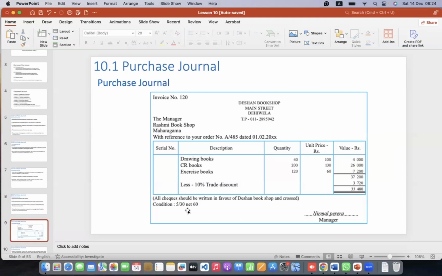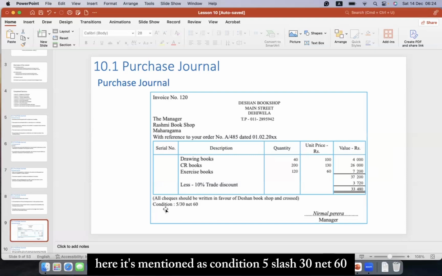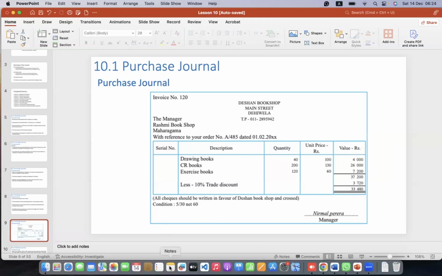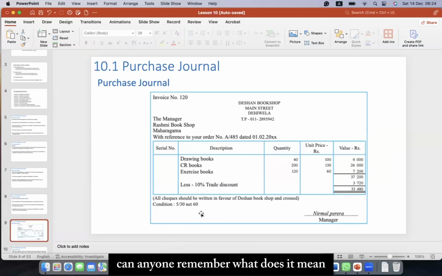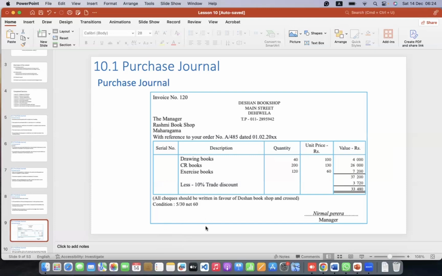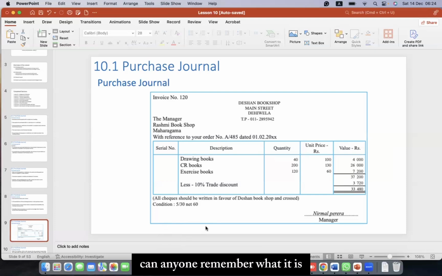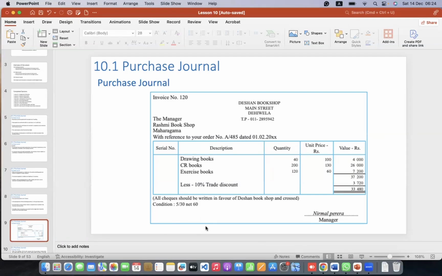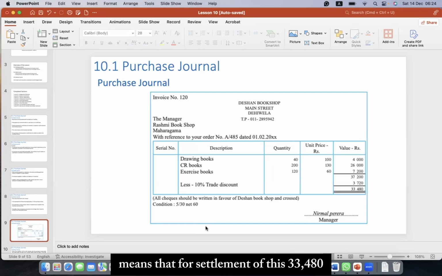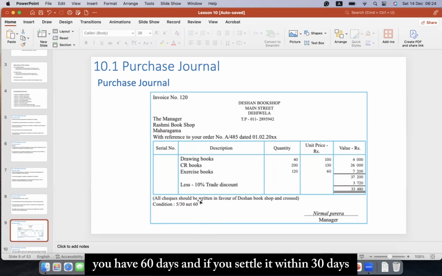Here it's mentioned as condition 5/30 net 60. Can anyone remember what it means? 5/30 net 60 means that for settlement of this total amount of 33,480, you have 60 days.